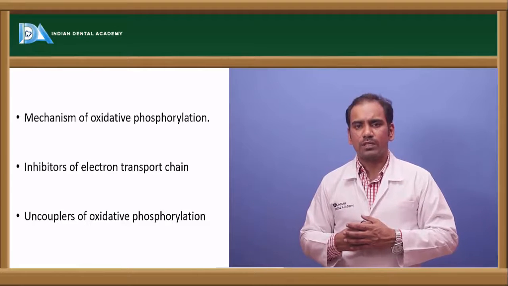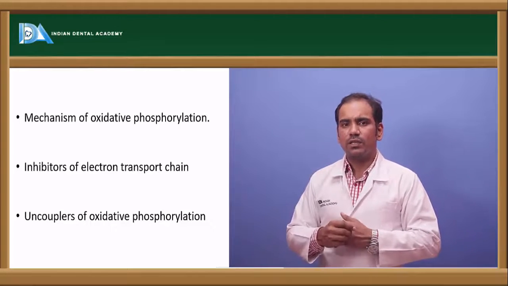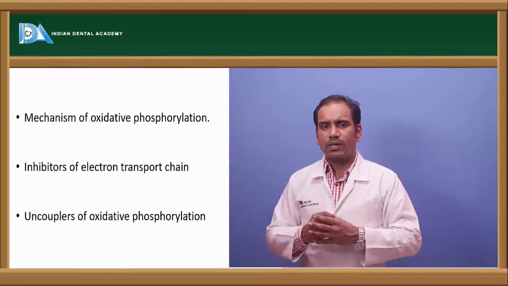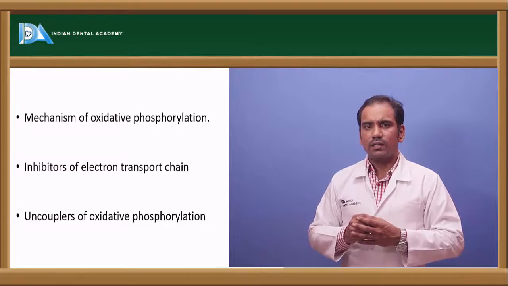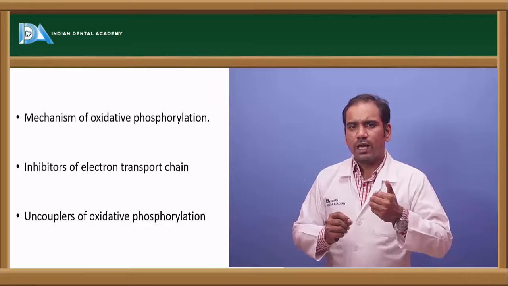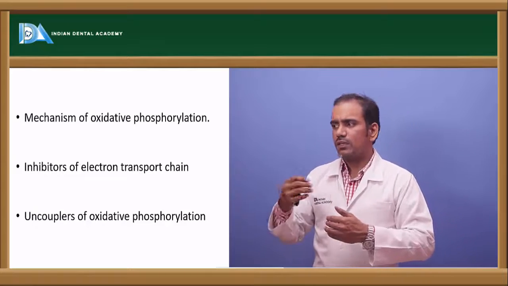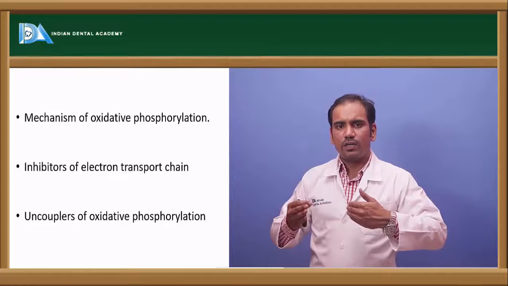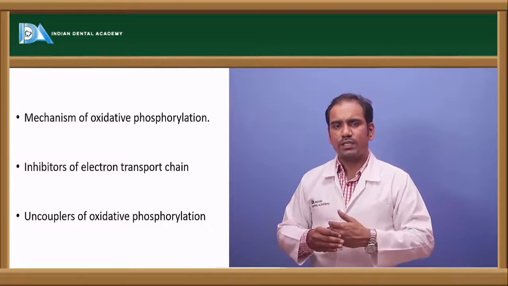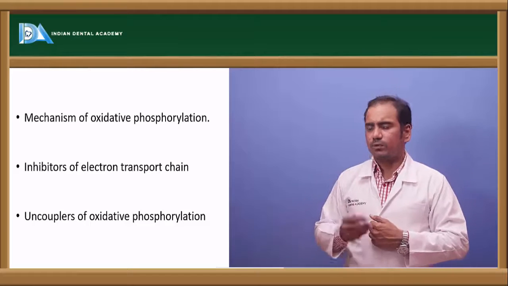That won't occur in the general mechanism, but whenever uncouplers are there, they allow oxidation and uncouple that phosphorylation. So uncoupling of oxidative phosphorylation occurs here by the action of uncouplers.